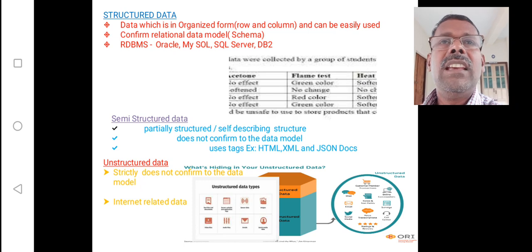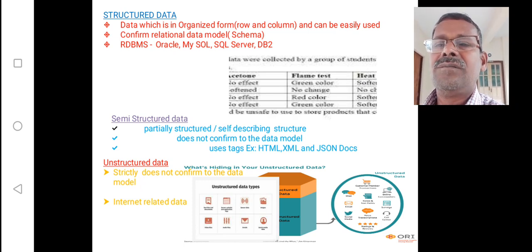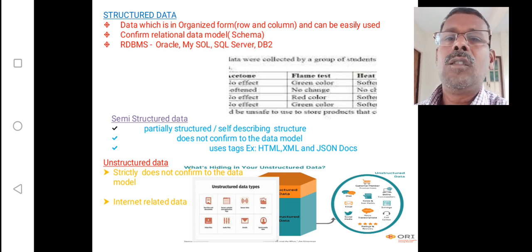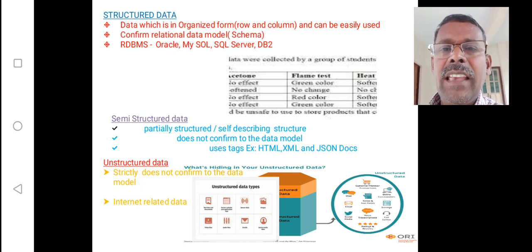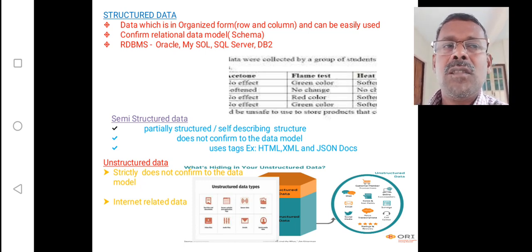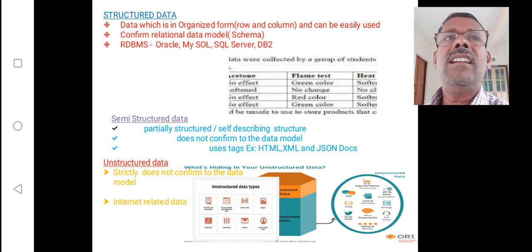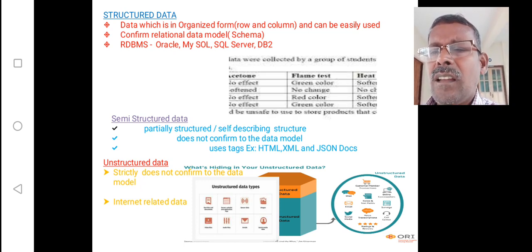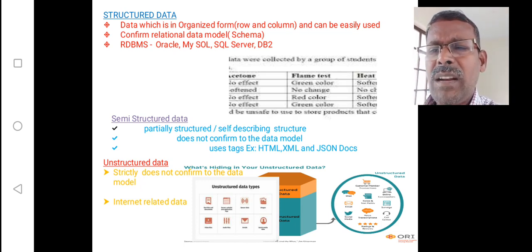The tags may be a single tag or a pair of tags. For your understanding, title is a pair of tags. Within the open and close title tag, a title can be given, so it is self-describing. The semi-structured data are HTML, XML and JSON documents.